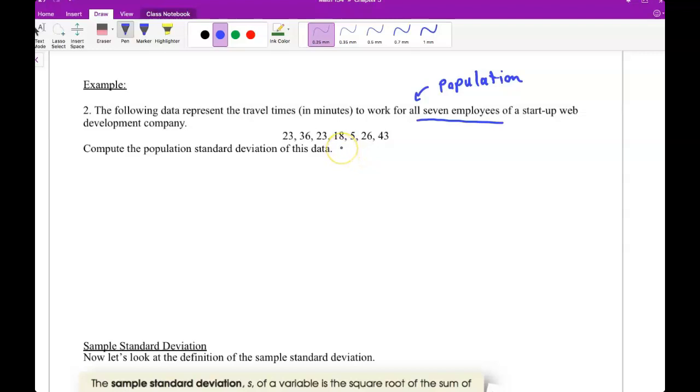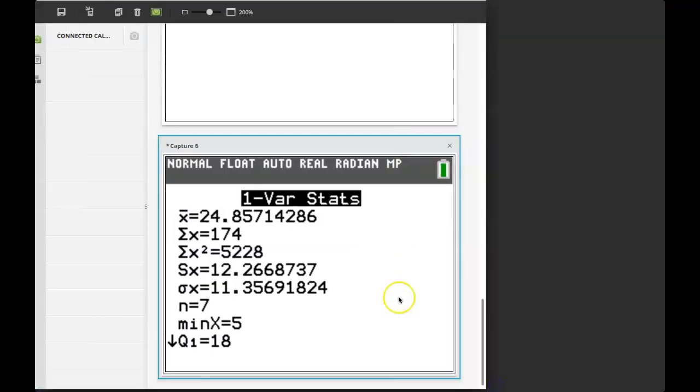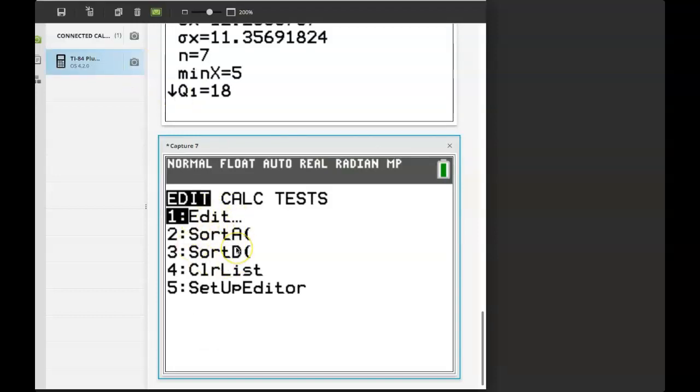Now using TI-84, press that. We have this word. You should have this page, and after that, here is edit, enter. Then enter your data in the first column, L1.